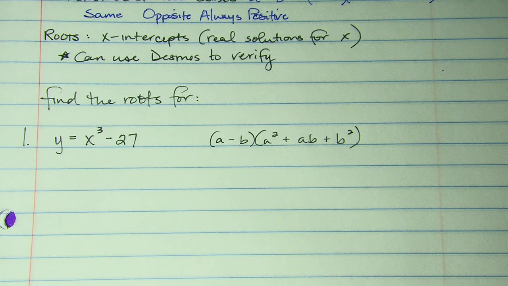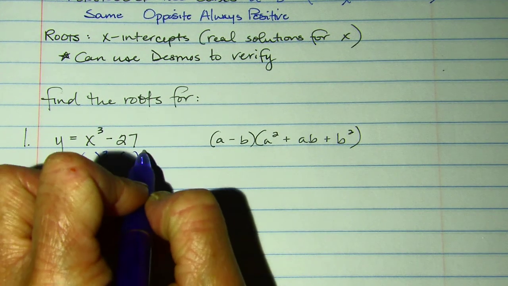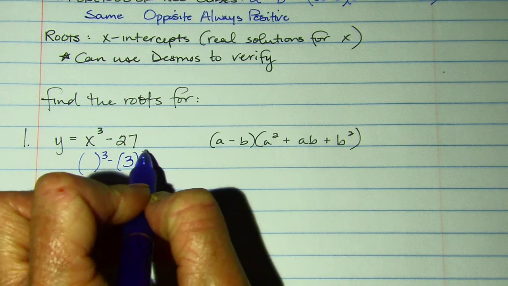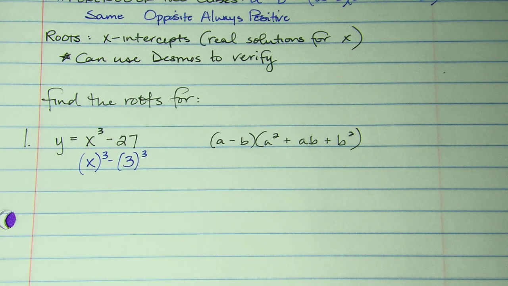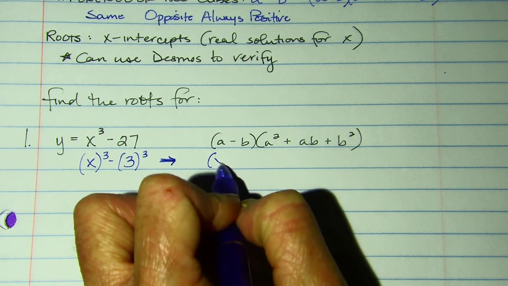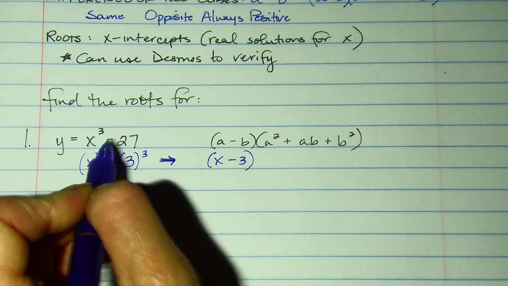So the first thing I'm going to do is identify my first term cubed minus the second term cubed. So 3 cubed gives me 27. X cubed gives me x cubed. So my factors are x minus 3. So the first sign is the same as the problem.